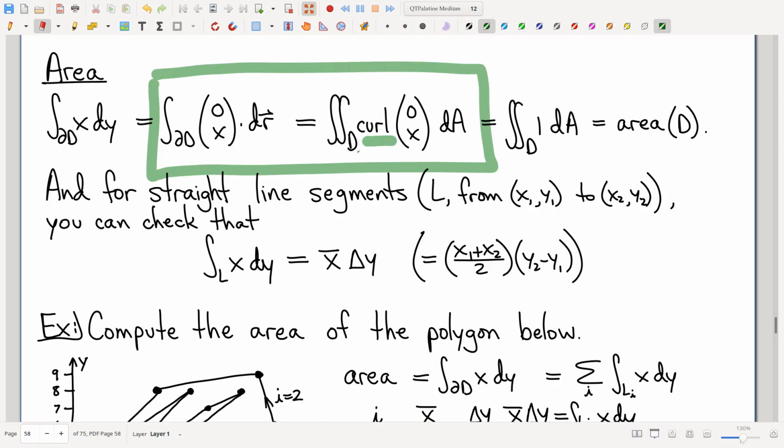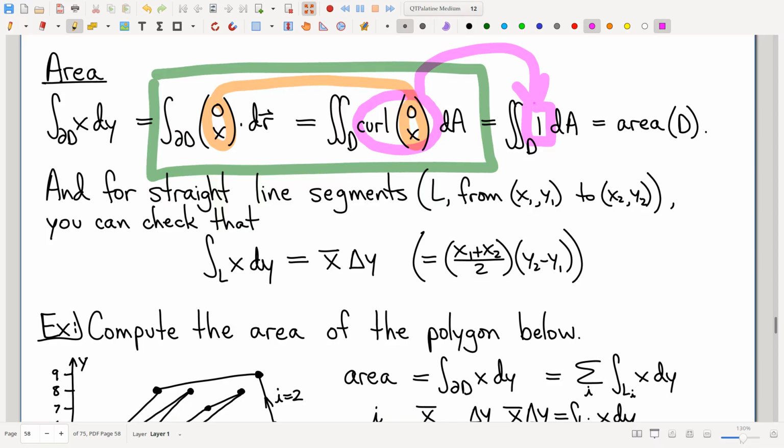Now, you will notice it is Green's theorem as applied to a very specific vector field, 0, x. Why am I looking at that specific vector field? Turns out 0, x has a really nice property: it has the feature, easily checked, that its curl is 1.